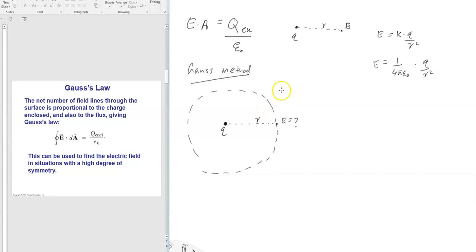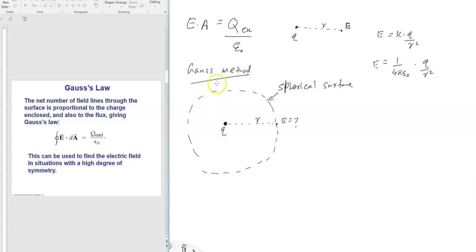Now remember, this looks like a circle, but this is actually a spherical surface, right? It's 3D because this point charge is not like a dot, it's like a 3D dot. It is a dot, but it's in all 3 dimensions.